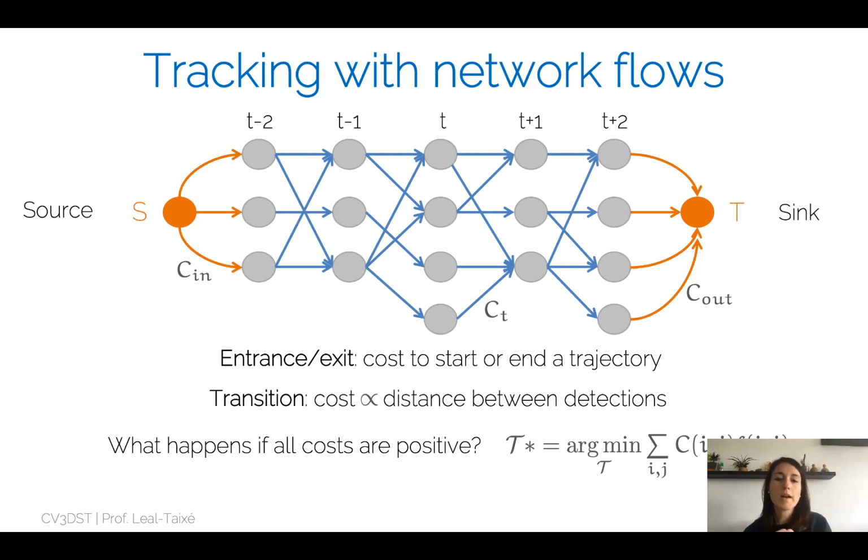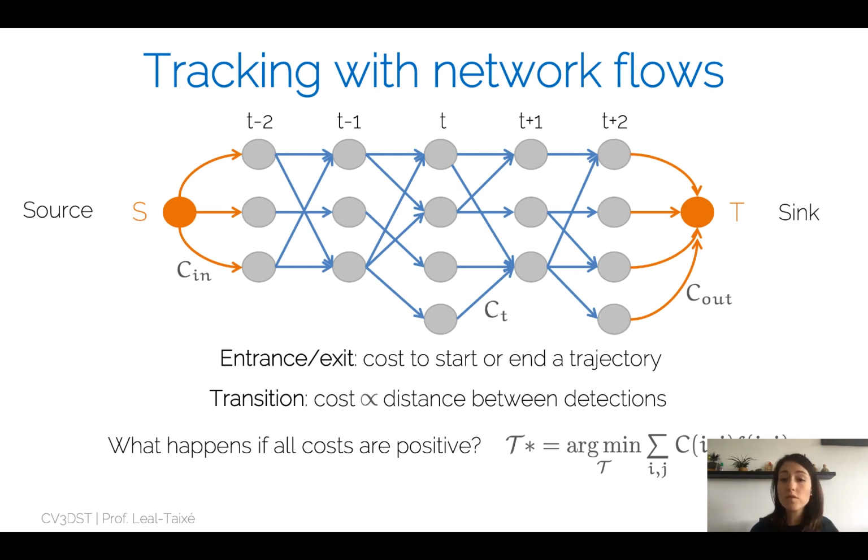So now we go back and look at the objective function. This is a minimization function, and all the costs that I've defined so far are positive. So what happens with this minimization function? Essentially, my solver is going to give me the trivial solution, which is that I don't want to send any flow from source to sink.